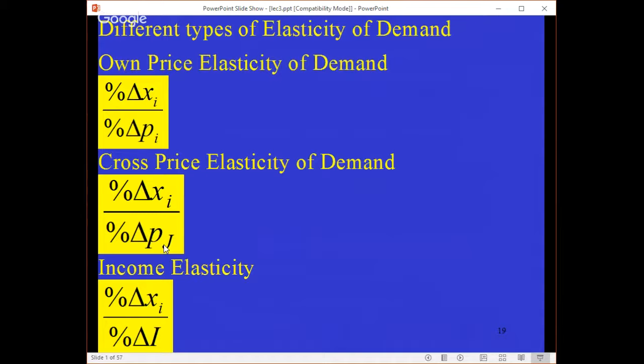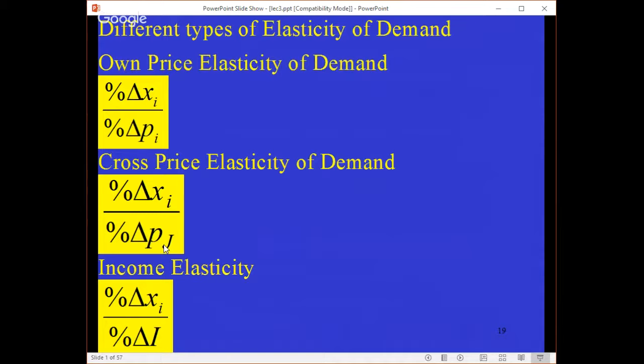In this case, for most cases, apples and oranges are substitutes. They don't have to be substitutes; they can be complements. But whether they're complements or substitutes is going to affect the sign of the elasticity.